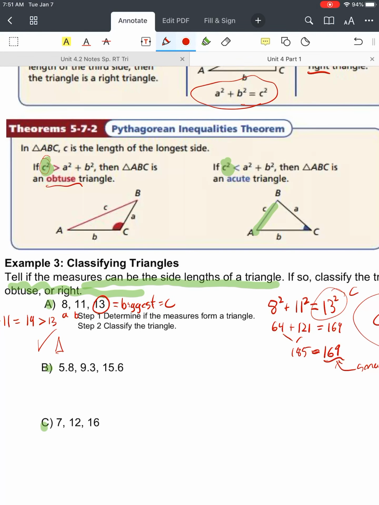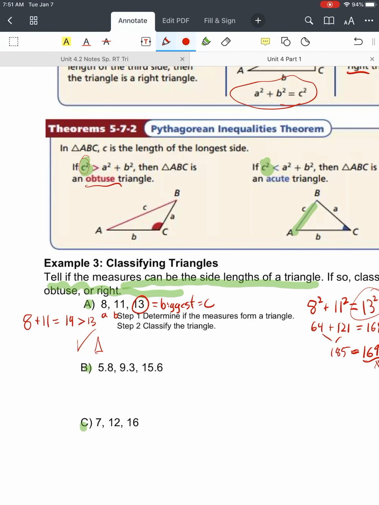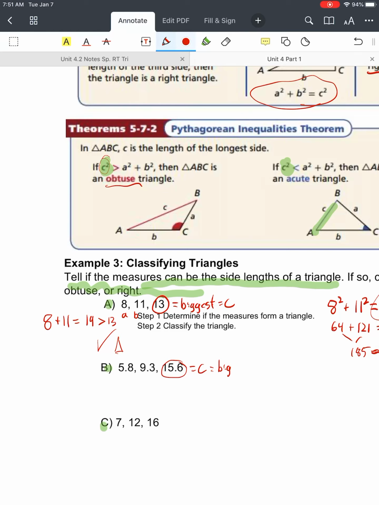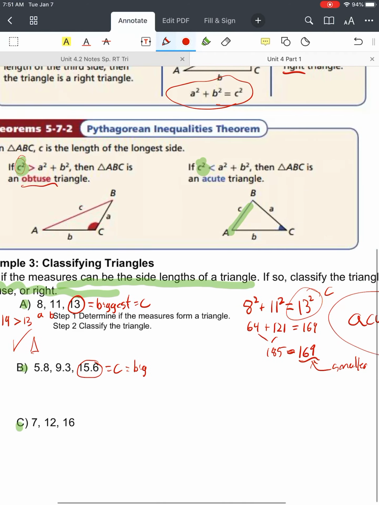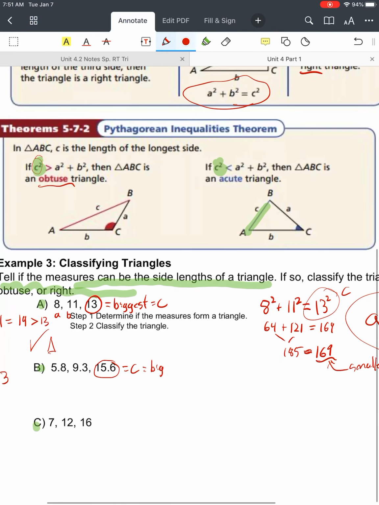Oh no, decimals. Excuse me. The first thing that I want to do is decide if it's going to be a triangle or not. So I'm going to decide which number is the biggest. I won't always have them in order, but this one happens to be in order. So this is going to be my C because it's the biggest. I'm going to add 5.8 and 9.3. Now if that number is bigger than 15.6, then we can use our Pythagorean theorem to decide what type of triangle it is.